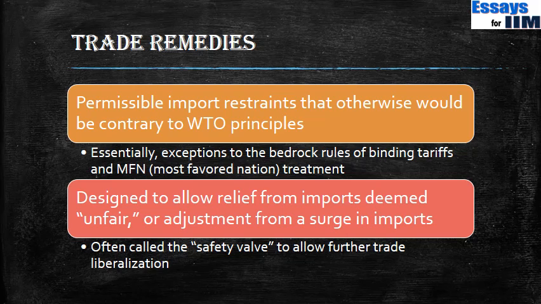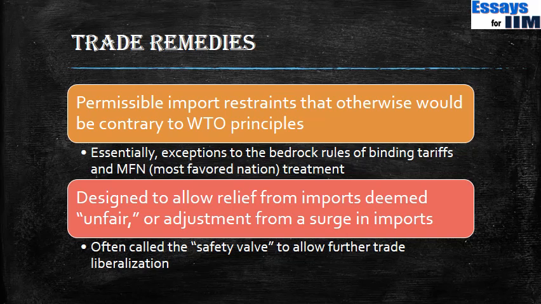Or also there could be sometimes a sudden surge in imports which could have a very bad impact on the domestic producers. Even in that case, WTO says okay, because almost all the major countries are part of it, and if there's a poor country and, let us say, the farming community, which is relatively the poorer of the communities in any country, and the sudden surge in imports is hitting the farmers directly, the countries would feel that we need to protect our farmers from this sudden surge in imports.